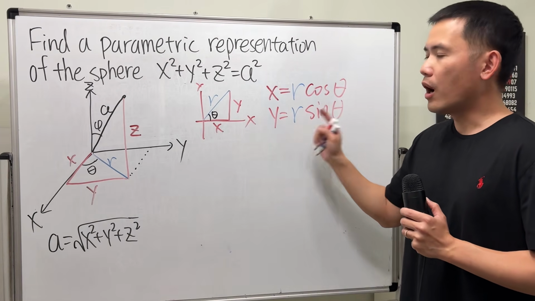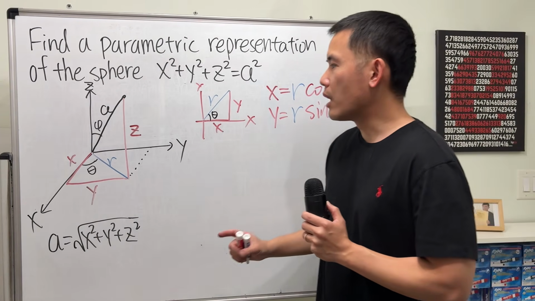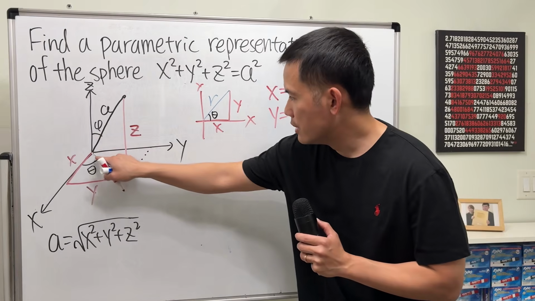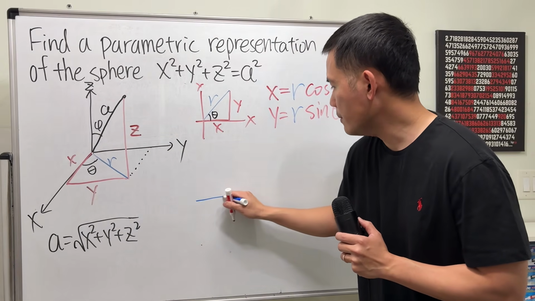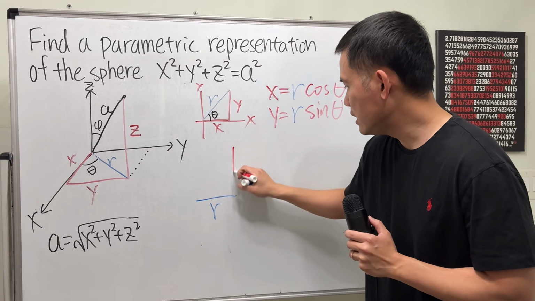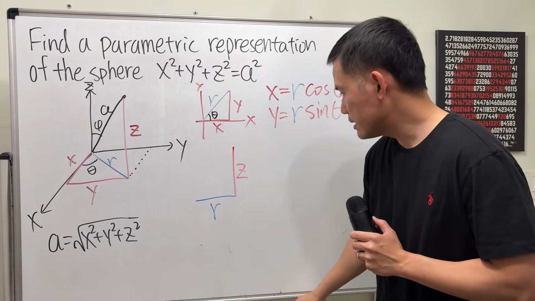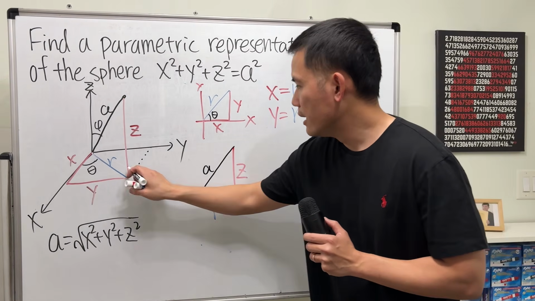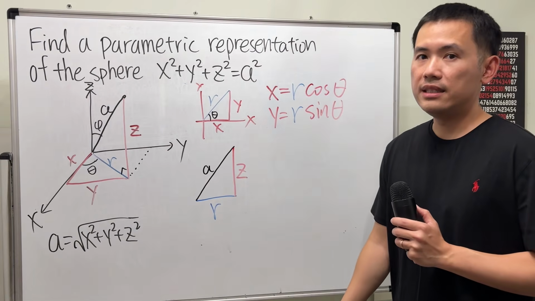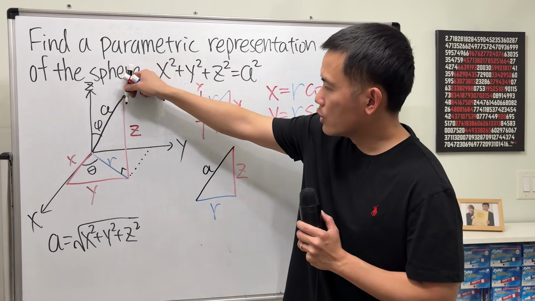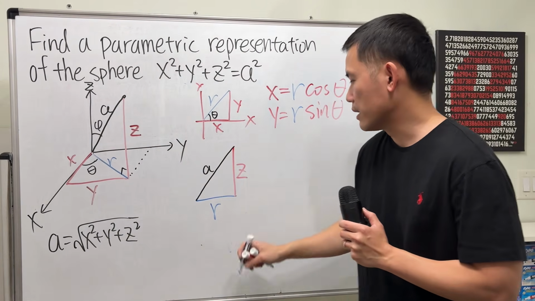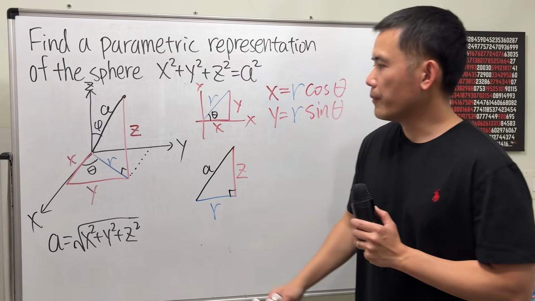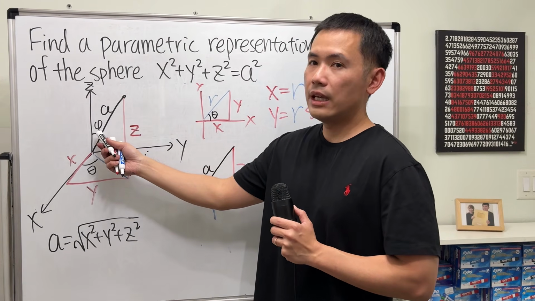Now, what is r though? We have to figure out r based on this triangle here. So let's have a look. This is the bottom right here, and then we have the z like this, and lastly we have this, which is a. This angle here has to be 90 degrees because it's a point going straight down to the xy plane. So here we have 90 degrees. Now be careful though. This is how we define the angle phi.